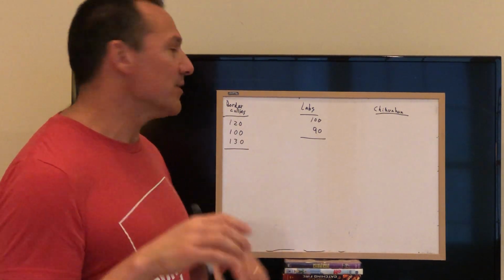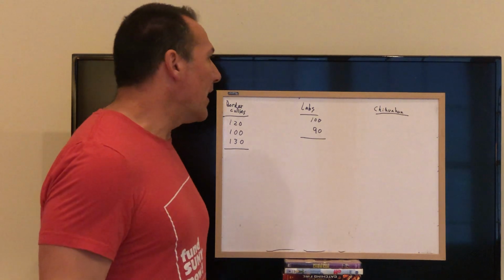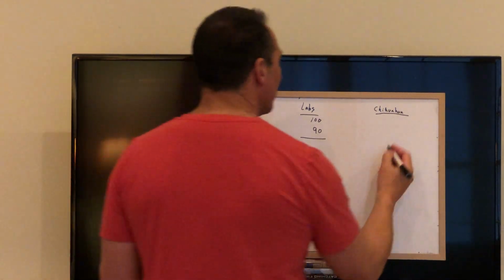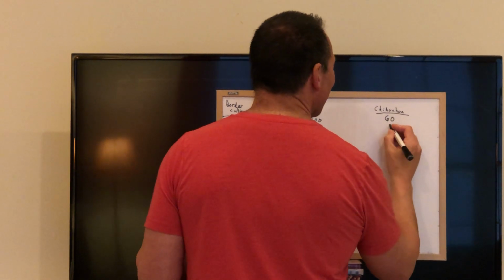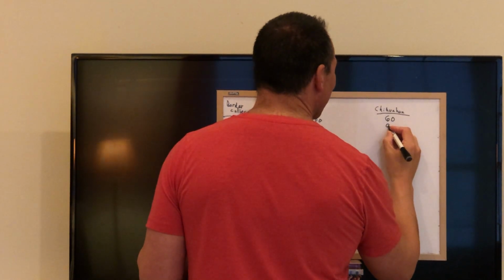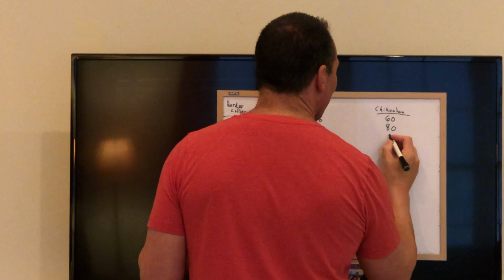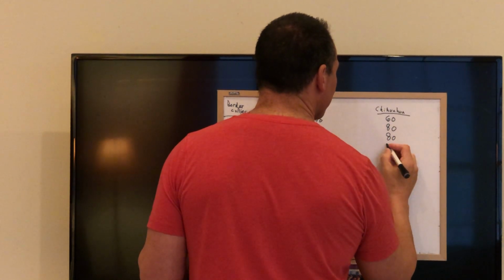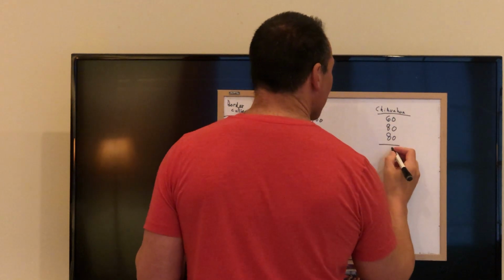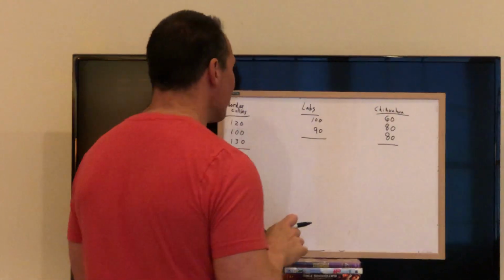The analysis of variance doesn't care. Finally, we're going to go with our Chihuahuas over here. We got a 60, and we have an 80, and I'll throw in another 80 right there. Okay, so there's our Chihuahuas.